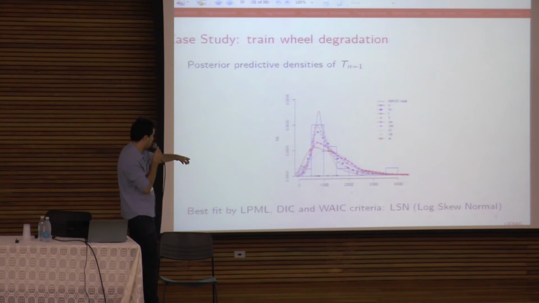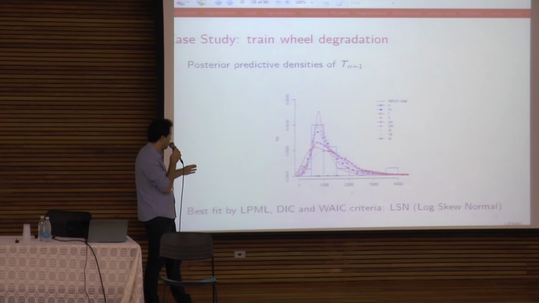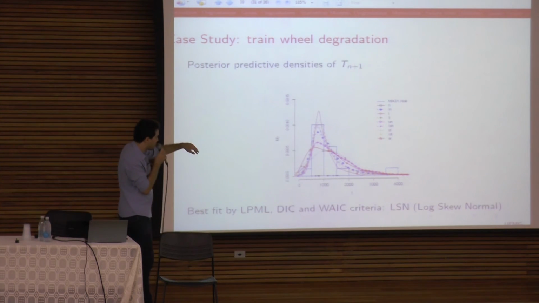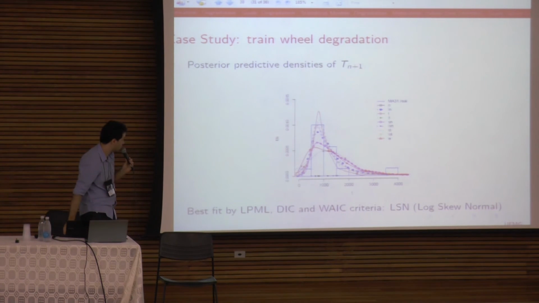So as you can see, the curves that best fit the histogram are, I don't know if you can see there, but the LSN model is one of the best. The LST model is another one that's very close to the histogram of the data, the pseudo-failure times.